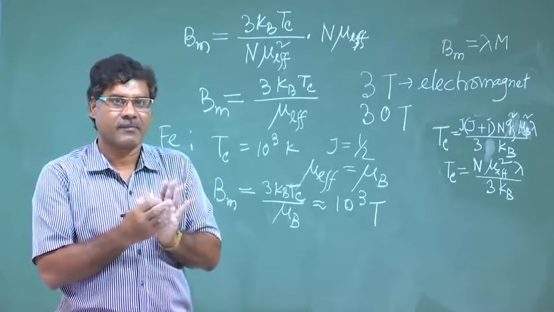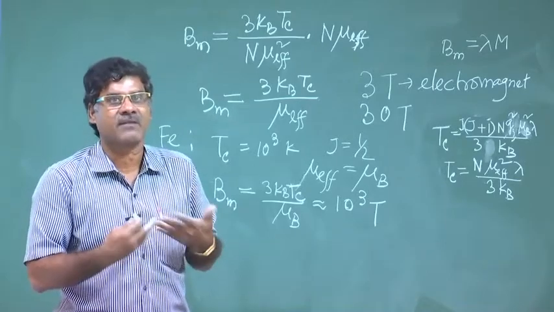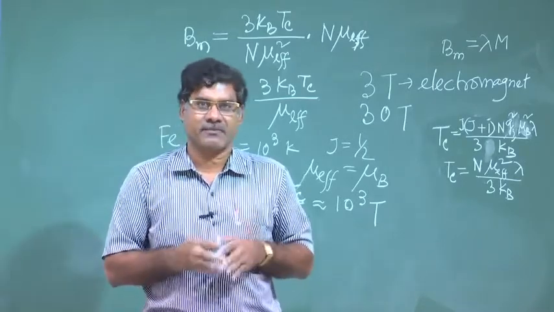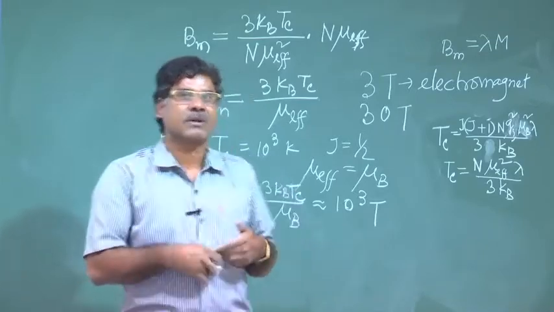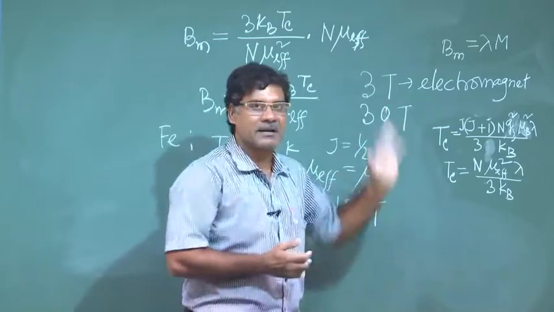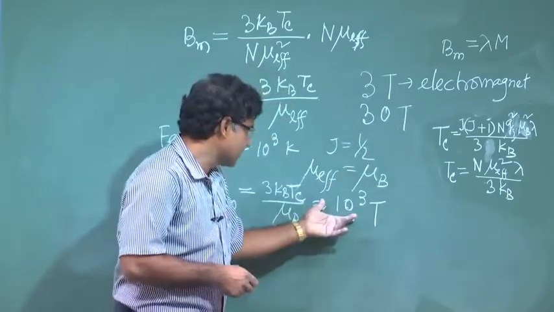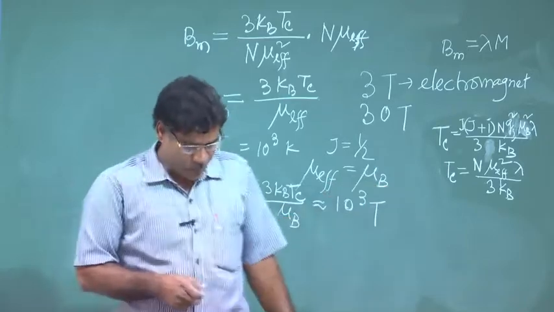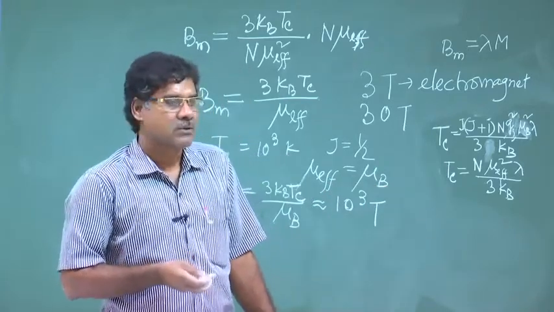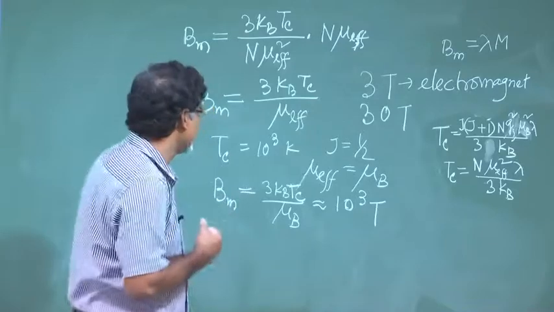It is not possible to get more than 50 Tesla or, say, 100 Tesla. Okay. So, we cannot generate a magnetic field in the lab of more than, say, 100 Tesla, right. But here the internal field is more than 1000 Tesla. So, it is a huge field.